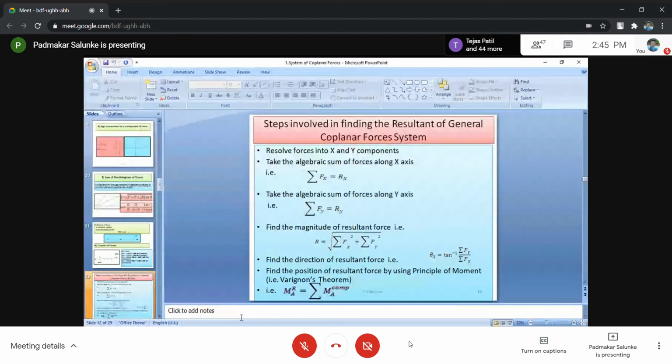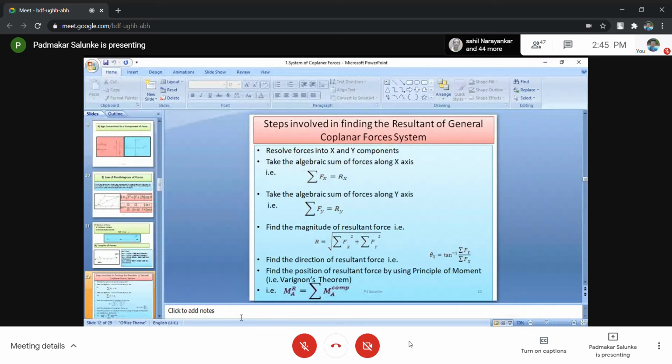Sometimes you have to add extra steps based on the gravity of the problem or the situation, because all problems are not always straightforward. Some variation is available, and based on the variation, minor changes are needed. So, the steps involved in finding the resultant of a general coplanar force system.